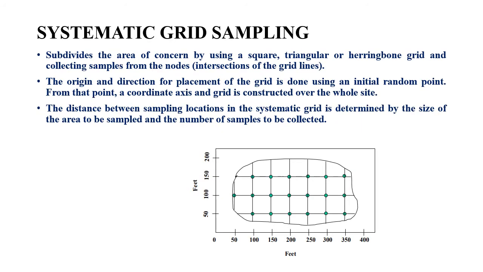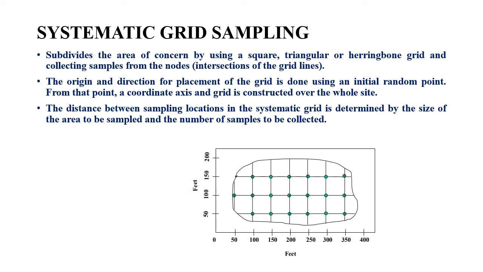Now in systematic grid sampling, the entire area of contaminated land will be divided into grids. A grid structure will be made in this area of contaminated land. We start with a random point on the contaminated land, and from there the coordinate axis will be constructed and the grid lines will be made based on that coordinate axis.